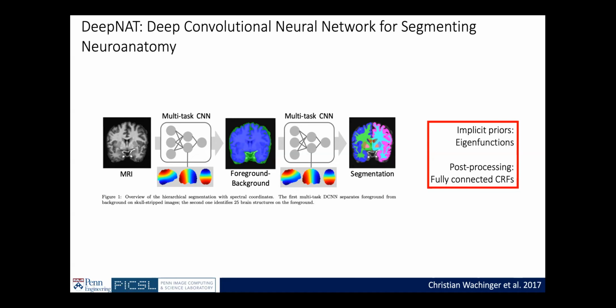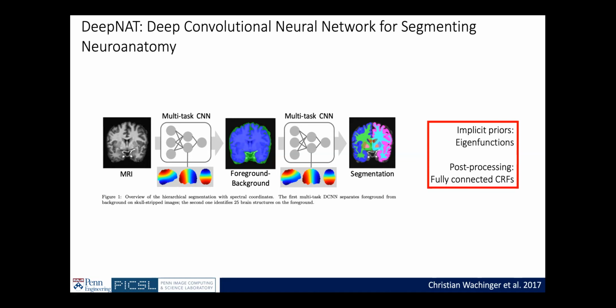And even if you give them different labels, the network still might get confused as to what that particular region is. Do I have to mark it as left, or do I have to mark it as right? So how do we incorporate that information in the network, as a prior within the network architecture?